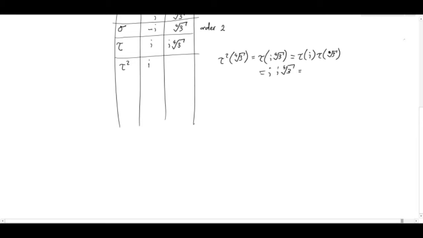So actually tau squared maps the fourth root of 3 to minus the fourth root of 3. As an exercise, you can show that tau cubed then maps it to minus i times the fourth root of 3, and tau to the 4 is the same as the identity.